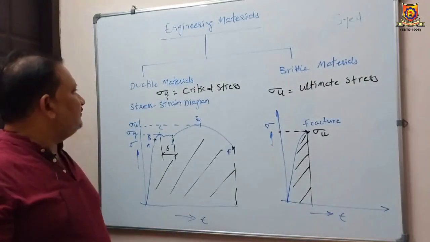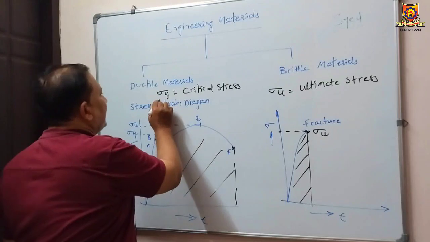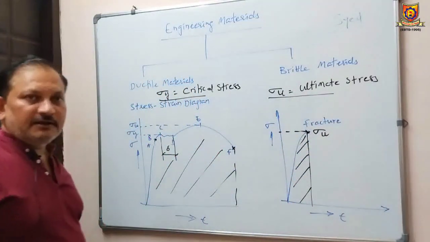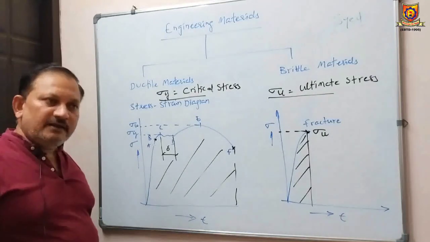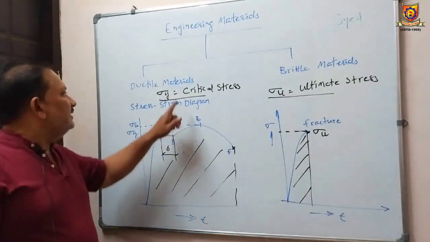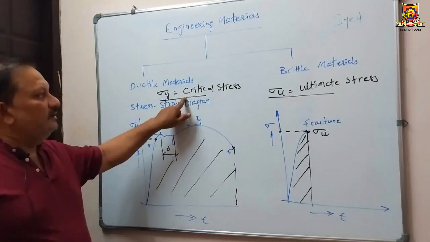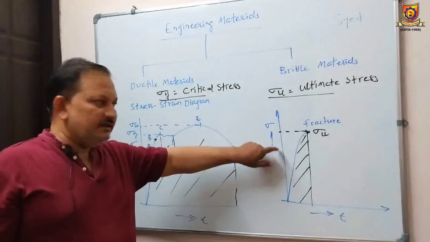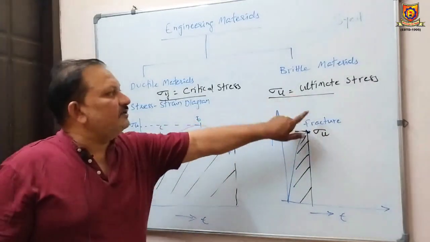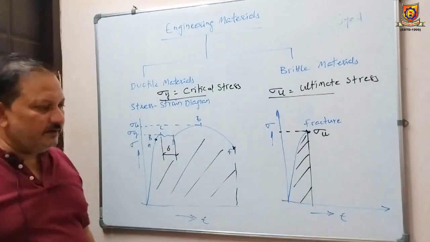So these points we have to understand for a ductile material as well as for a brittle material. When we wanted to design machine components using ductile material, we have to consider yield stress as the critical stress. When we are designing components with the help of brittle materials, we have to treat ultimate strength as the critical stress, right?